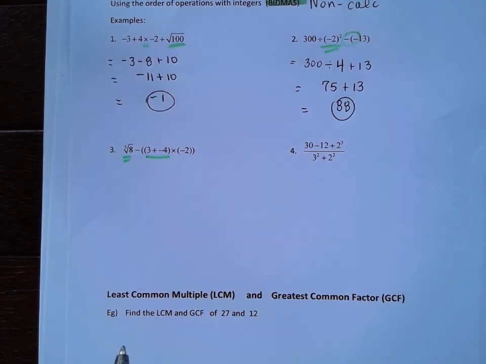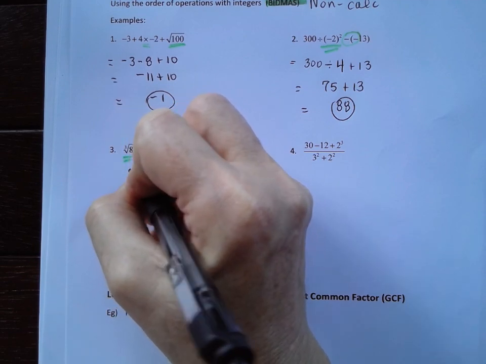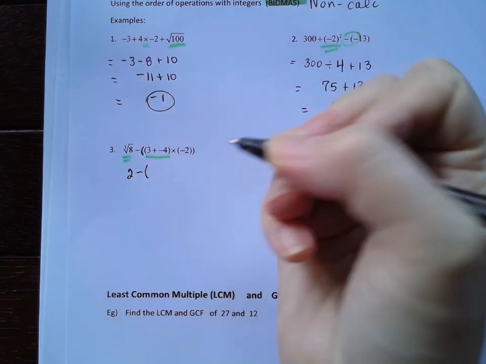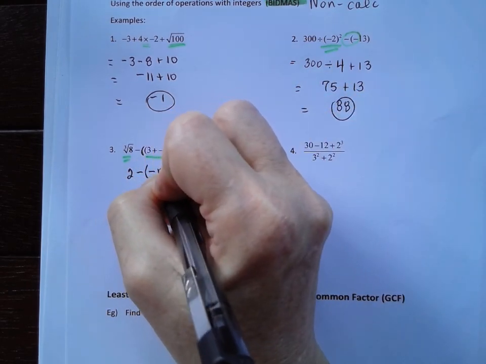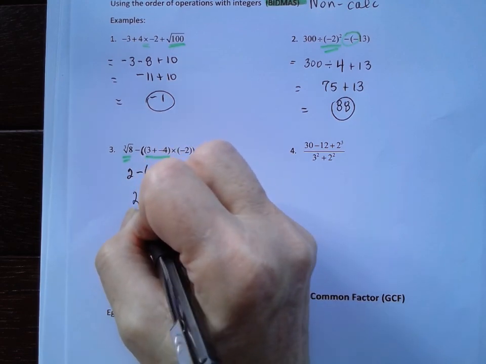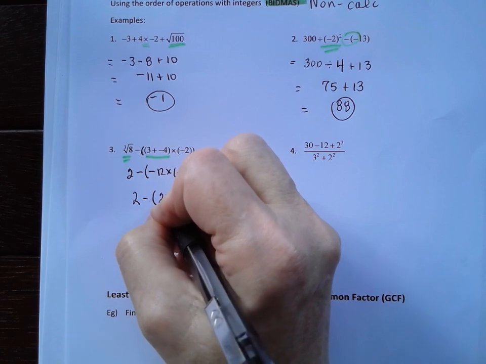So that's 2 times 2 times 2. So cube root of 8 is 2. And then the minus sign there, and my bracket there, and this is 3 times negative 4, which is negative 12 times negative 2. So I have 2 minus, and that set of brackets gives me a positive 24.